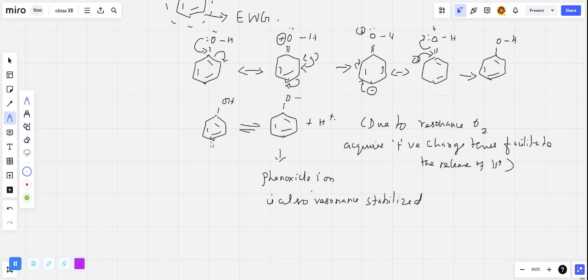So as it is less stable, it releases H plus ion and forms phenoxide.